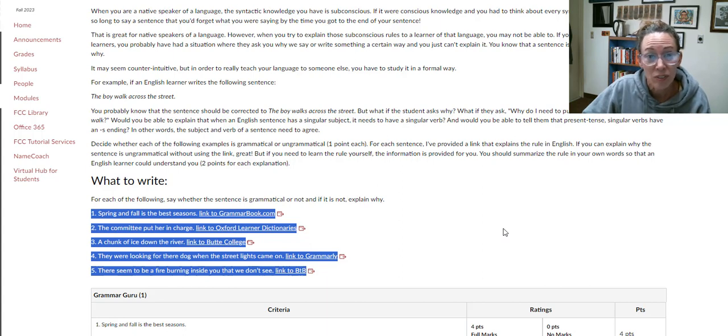As a native speaker of English, it's very easy for us to know that's right and that's wrong. What is a little more difficult is explaining the reasons why, explaining the rules of syntax or grammar so that an English learner will be able to understand them. So that's what I'm getting at.